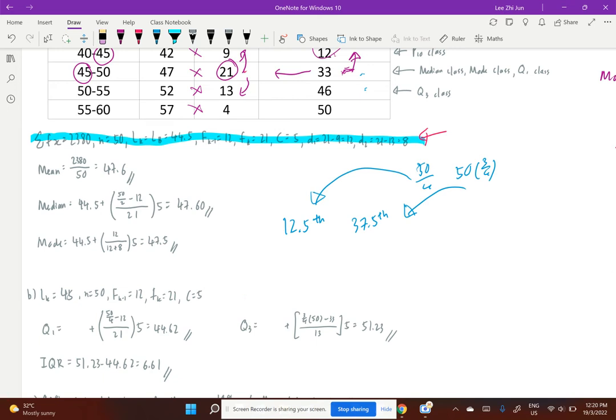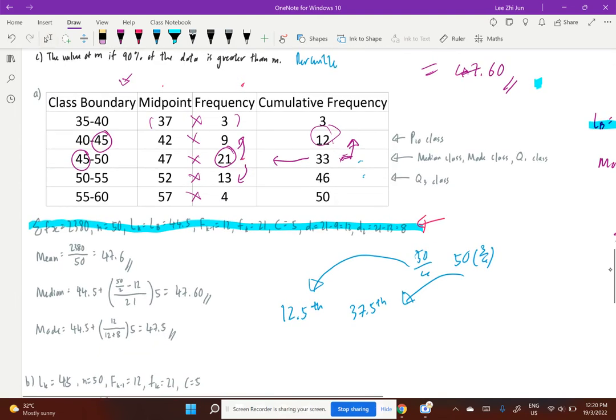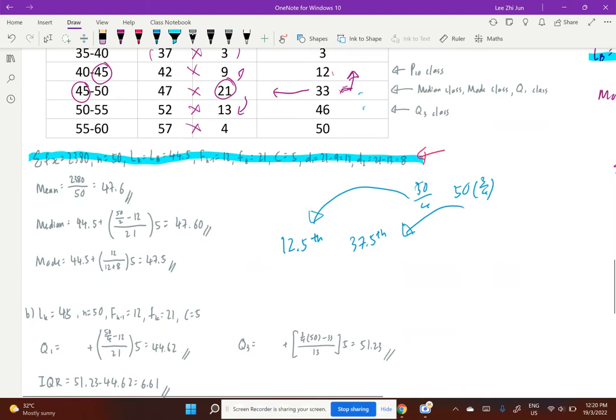Okay, so I find LK is 45, N equals 50, big F is 12, small f is 21, and class equals 5. Okay, so 45 plus 12.5 minus 12, 0.5 divided by 21 times 5.